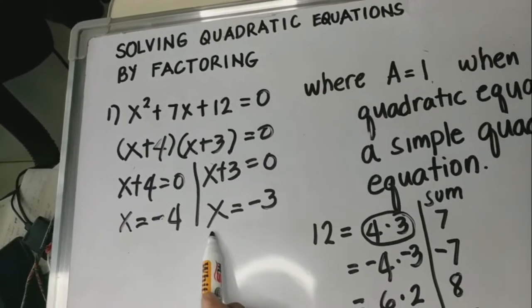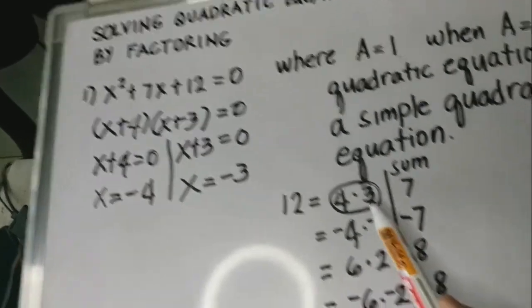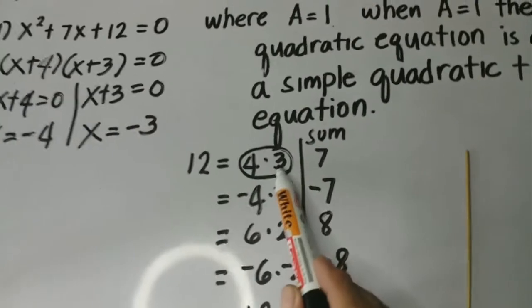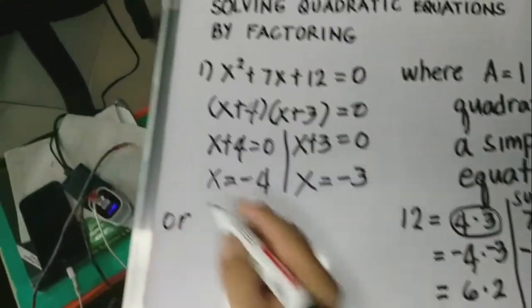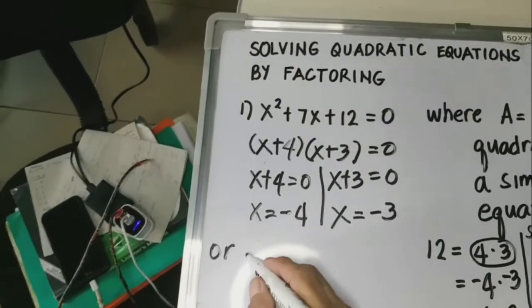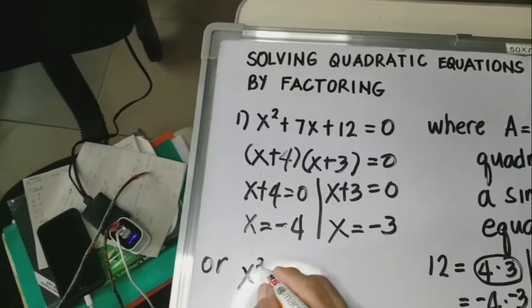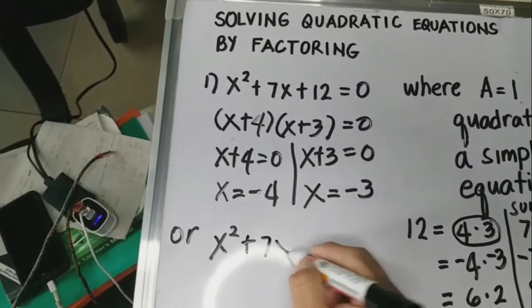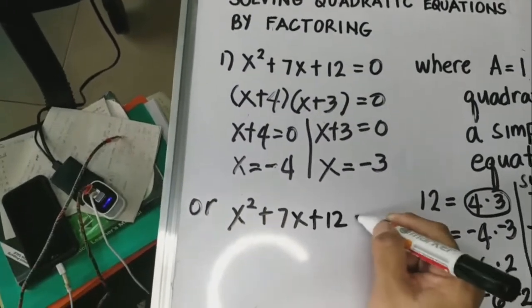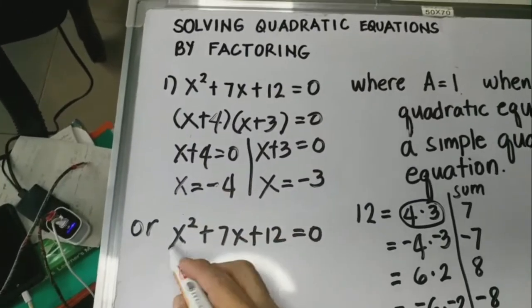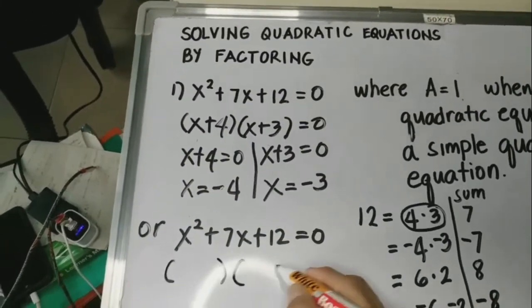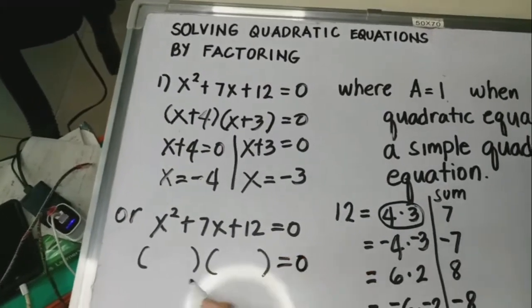Okay. Another, if I write positive 3 ahead of 4, let's try. Using the same equation, x squared plus 7x plus 12 equals 0, write two sets of parentheses and equate this to 0.